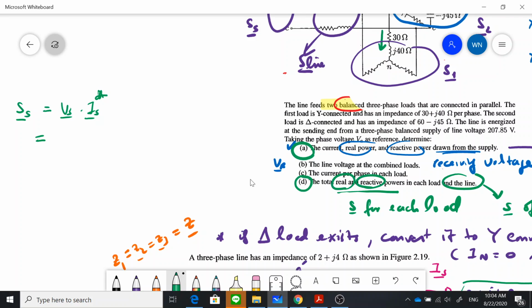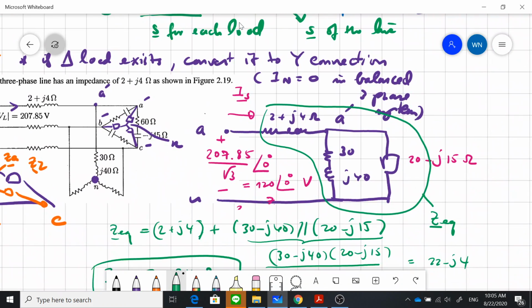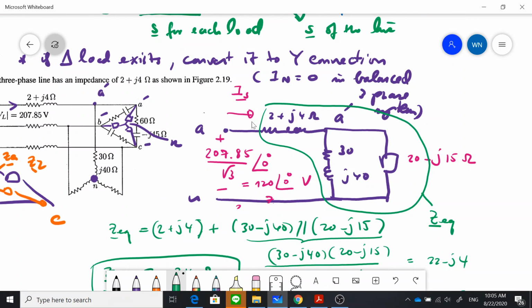Since this is per phase, when you want to compute this in three phase, you have to multiply this by 3 because this is balanced. The computation is just for one phase. This is the circuit for one phase, and remember this is just one phase because we use per phase analysis.